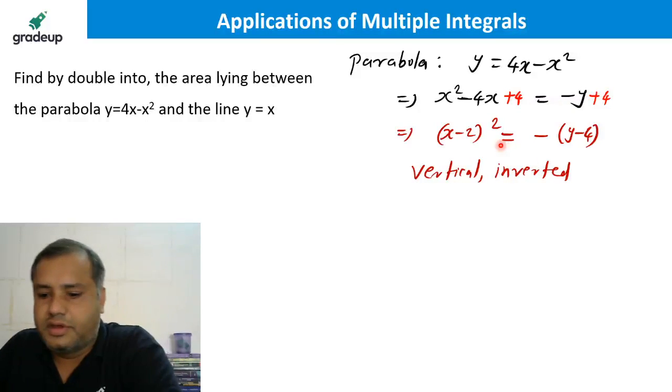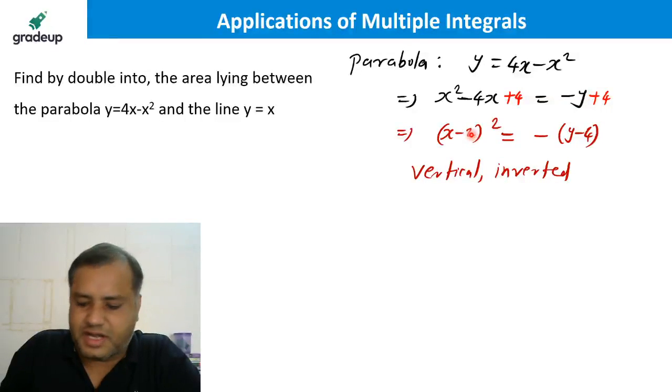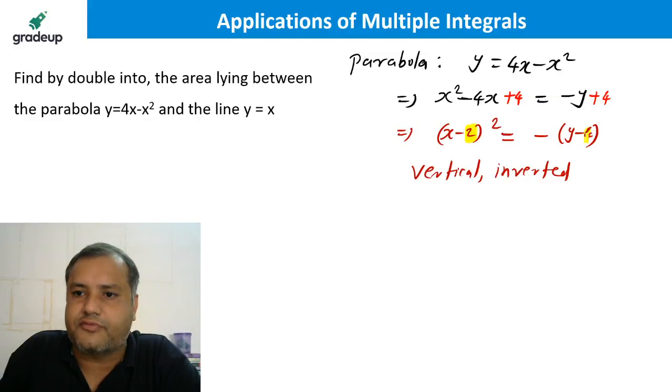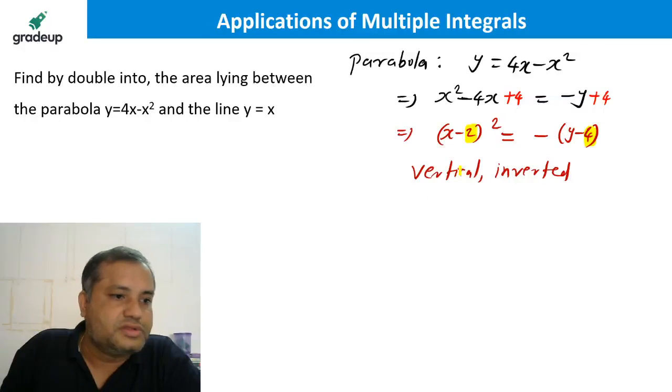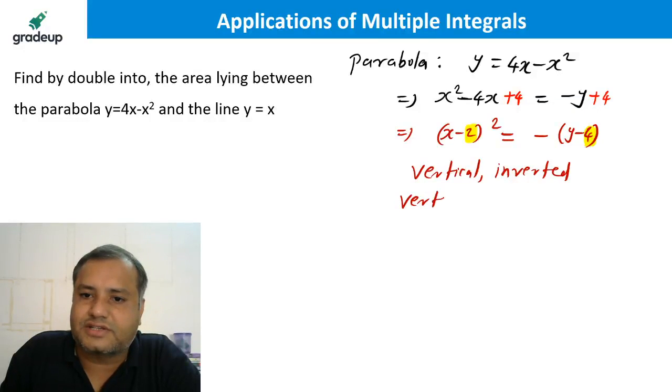Now, we are subtracting something from x. What is subtracted from x? 2. What is subtracted from y? 4. So this 2, 4 is nothing but the vertex. Vertex of the parabola is 2, 4.